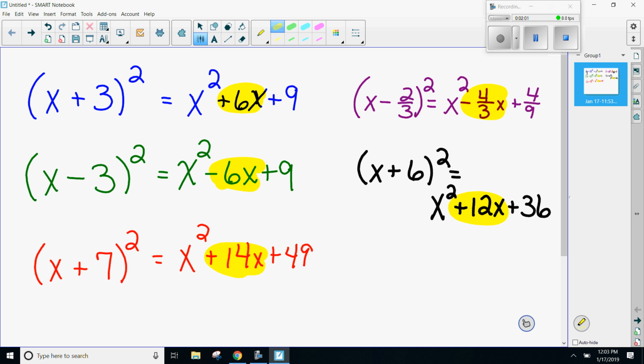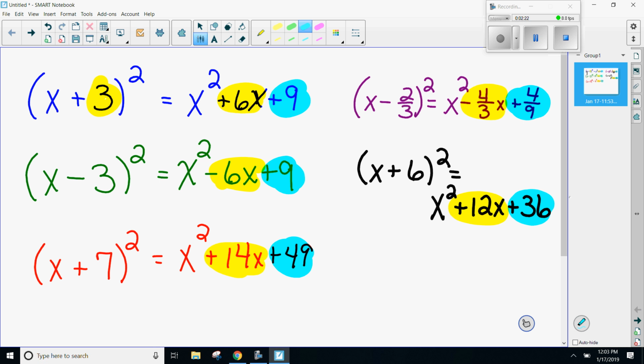Every single one of those is double this number, right? But if I look at this last number, it's the same thing as doing what to that number? It's the same thing as squaring it.